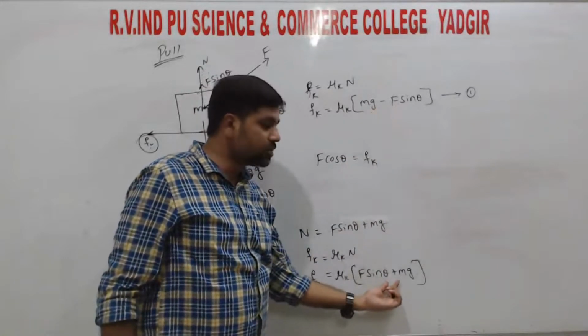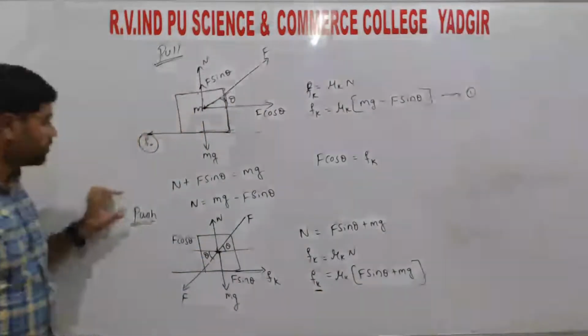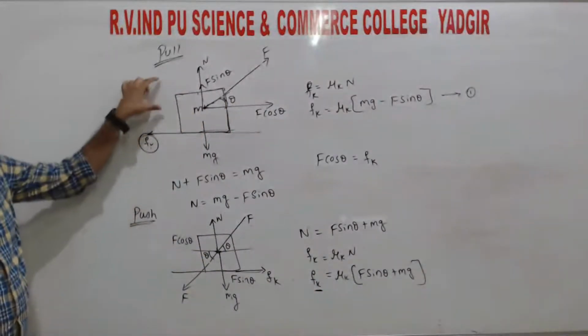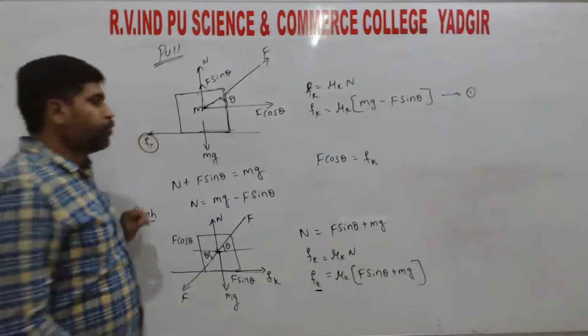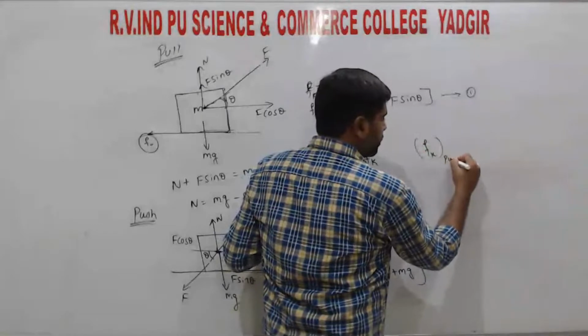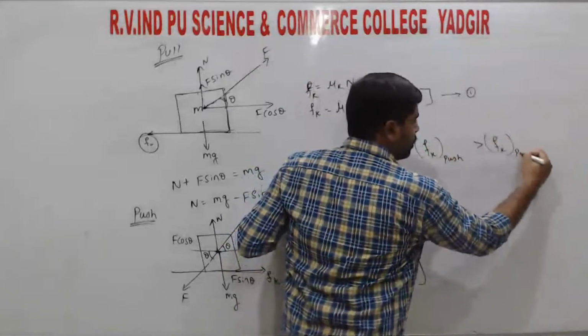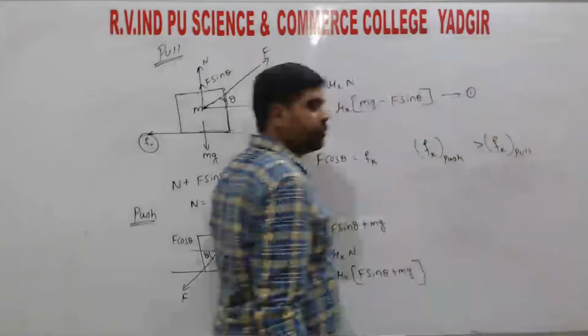Here it adds, so the value will be more. That means kinetic friction in case of push is more than kinetic friction in case of pull. So we can write fk in case of push is greater than fk in case of pull.